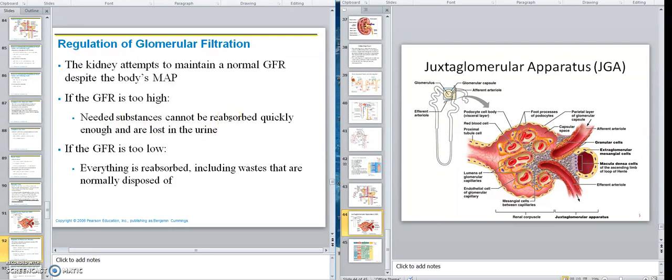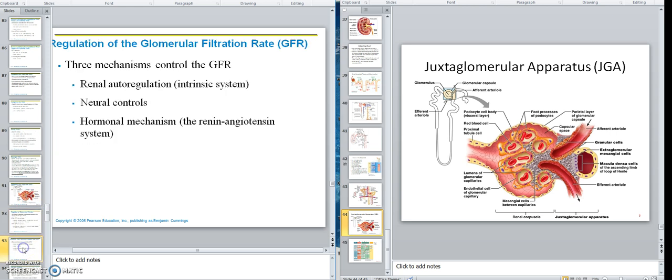Remember when I brought it up when I was talking about glucose? I said if you flow through that proximal convoluted tubule too fast, you can't reabsorb all the glucose, and some will be in the urine. That's just using glucose, for example. Then if the GFR is too low, everything is reabsorbed, and if it's too low, you don't get anything. Okay? So you have to adjust for that.